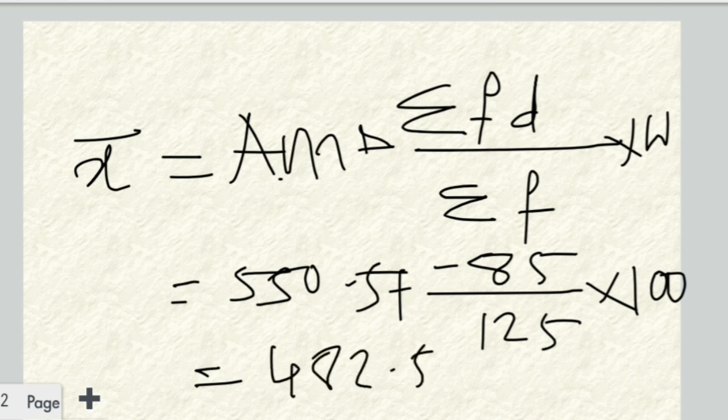So the mean is 482.5, in round figure 483 persons per square kilometer, because it is a population density table.